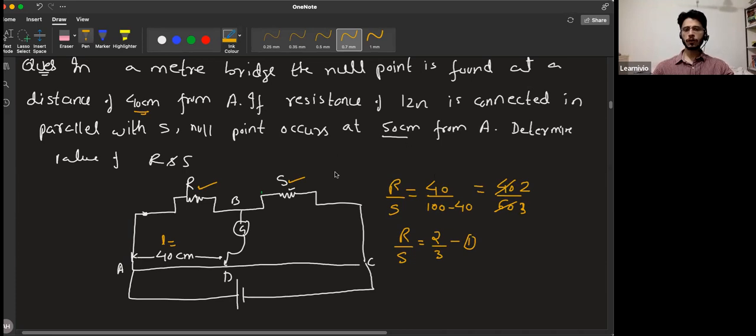Now, if I connect a resistor of 12 ohm in parallel with this S, the null point occurs at 50 centimeters. So what is the equivalent resistance if I connect 12 and this S in parallel?